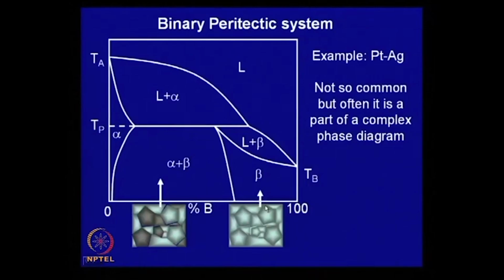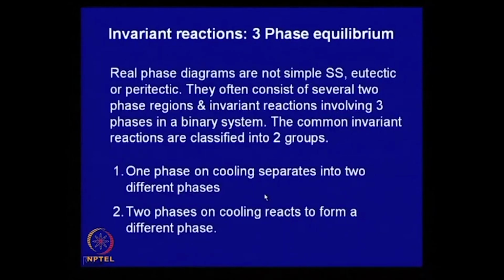And now, let us look at... we have looked at two types of invariant reaction. One is a eutectic, where liquid dissociates into a mixture of two distinct phases having different physical and mechanical properties and crystal structure, like alpha and beta.